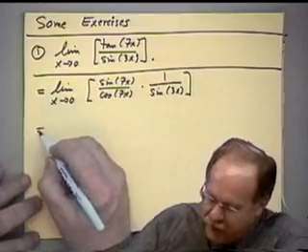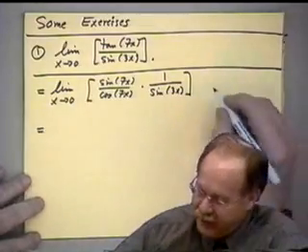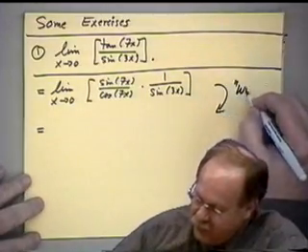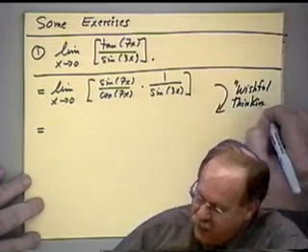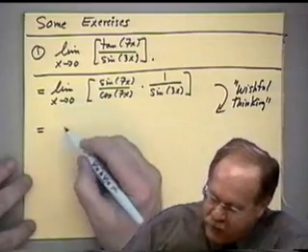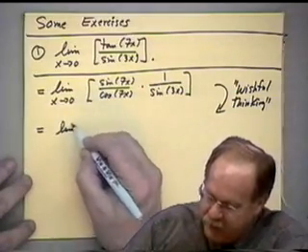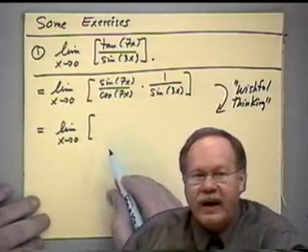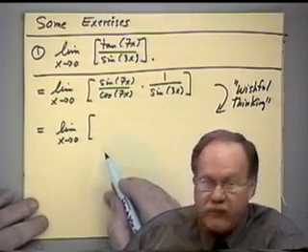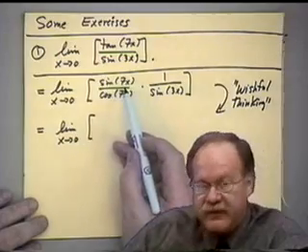Now, the next step is what I like to call wishful thinking. And what I mean is, why don't we write this out in such a way that it would be set up the way I would like it to be set up? For example, I see sine of 7x here.